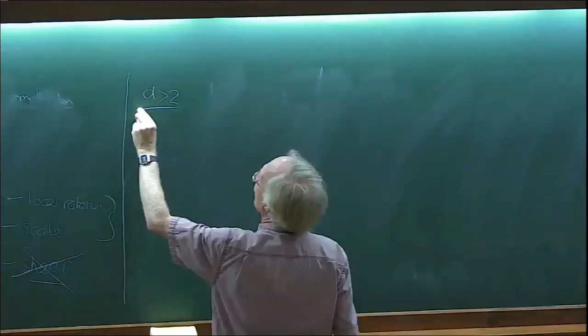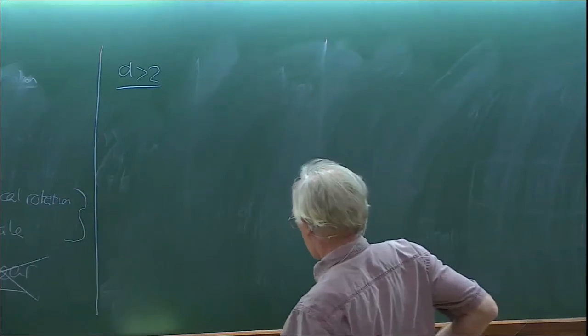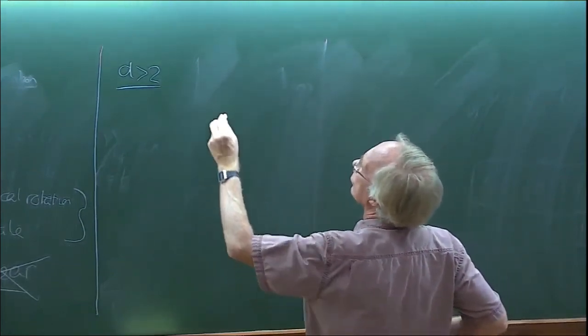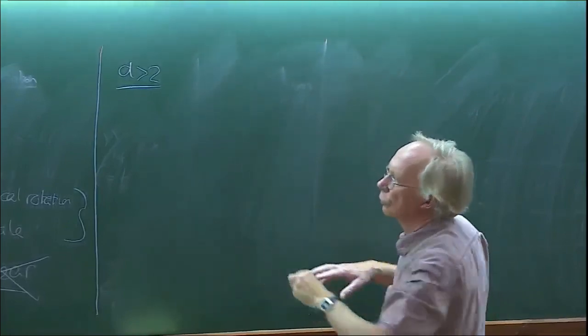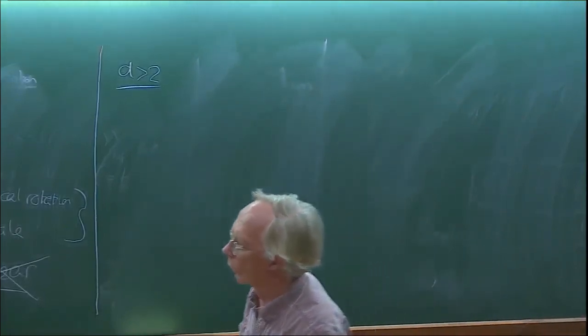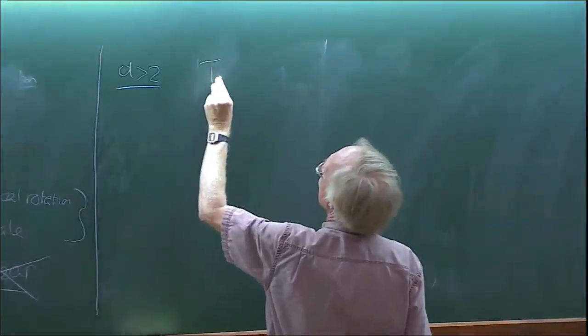So let me first mention these. So for d bigger than 2, we of course have the usual symmetry group that we assumed was the property of the scaling limit. So we have translations.